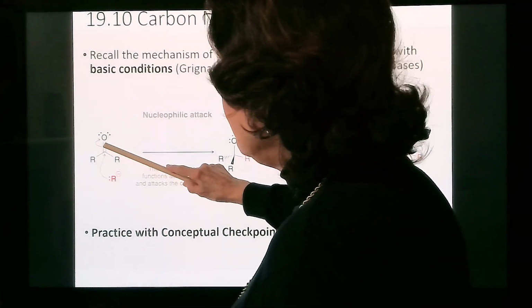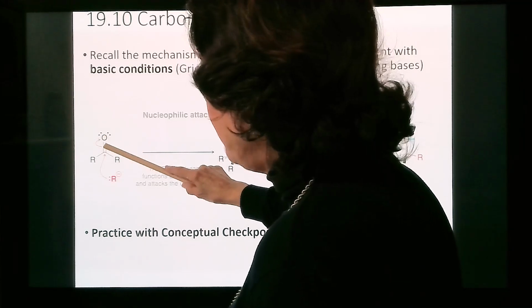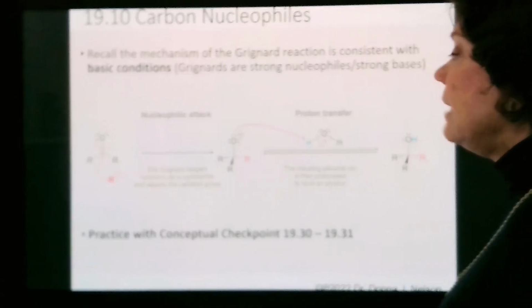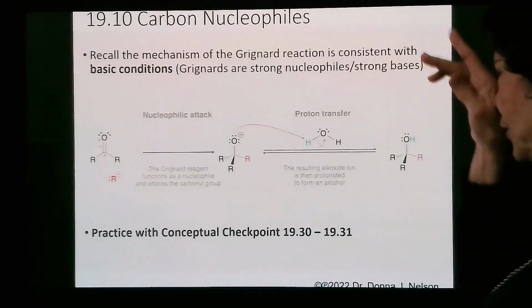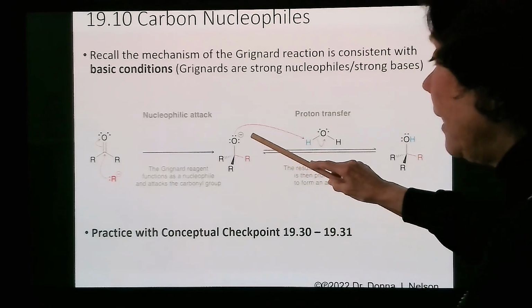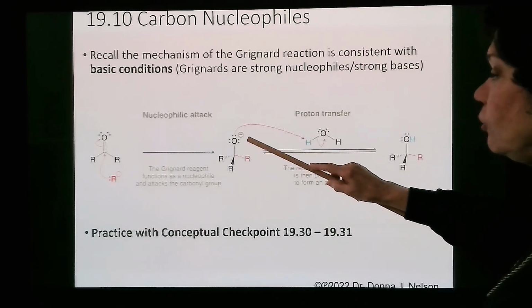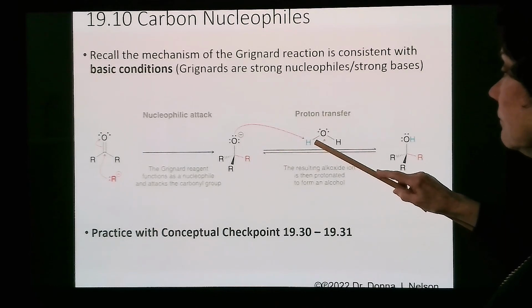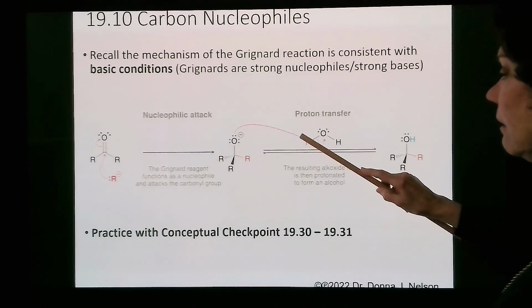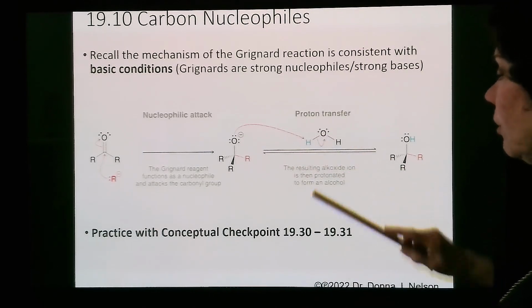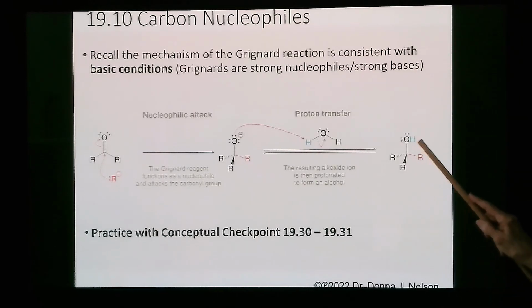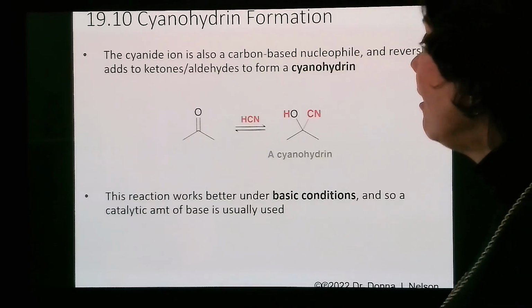And so a pair of electrons in the pi bond moves out onto oxygen. Now oxygen bears 3 non-bonding pairs and a negative charge, which then picks up a proton when this reaction is neutralized. And then you have formation of the alcohol.